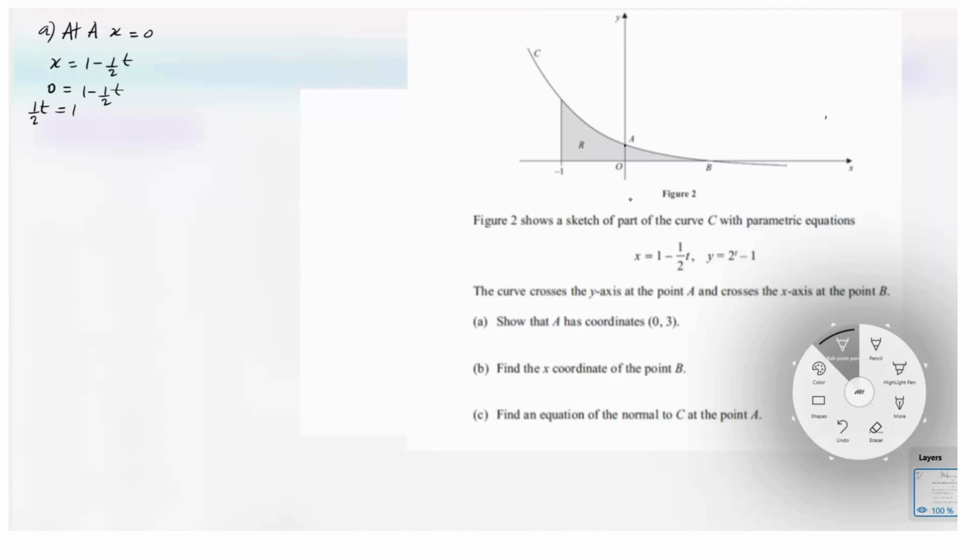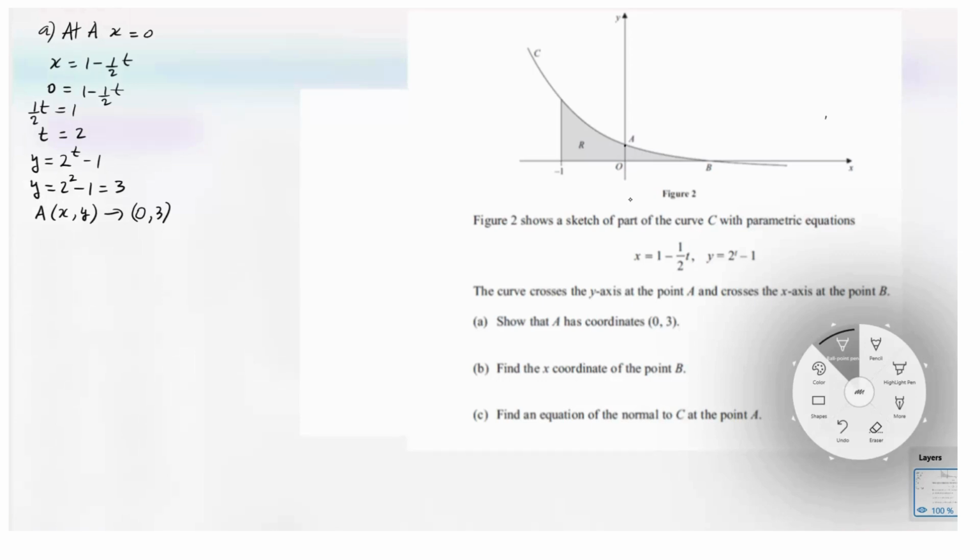That equals 1. t equals 2. So when t equals 2, we can find the y value. The equation for y is y equals 2 to the t minus 1. When t equals 2, then we have y equals 2 squared, that's 4, minus 1. So we get y as 3. So here x is 0 and y is 3 as required.